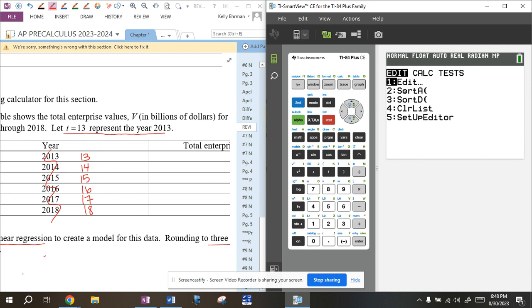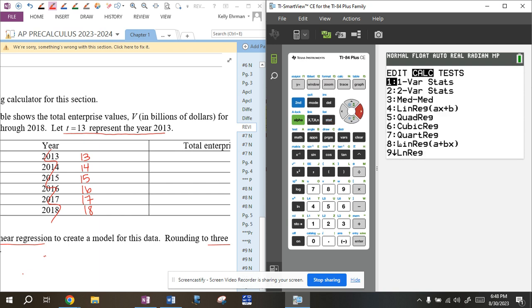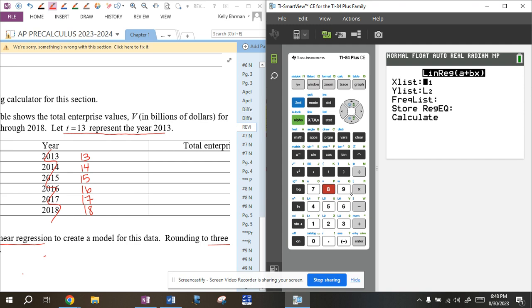Stat, calc, option 8, linear regression. Should say L1 and L2. If you want to see the line on your graph you can store the regression equation. It's just not going to change your answers for what you're writing below, but I'll just remind you of this. Alpha trace y1. Calculate.